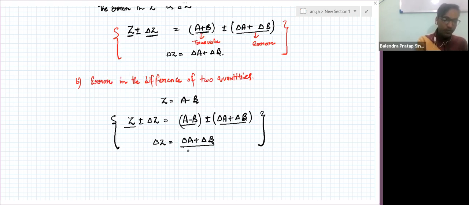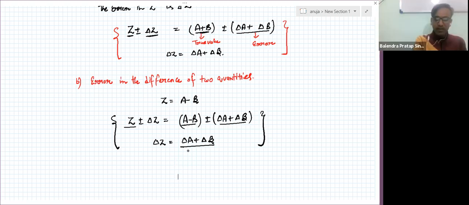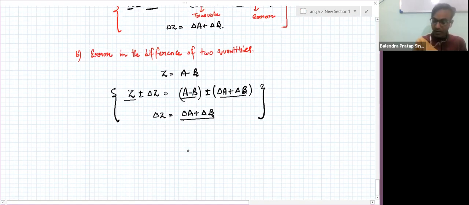Let's do a problem. Are you familiar with resistance? Basically the unit of resistance is ohm, and we use resistance for running a current in a circuit. You don't need to know the physics behind resistance, just have an idea of what a resistance is, because I'm going to do a problem using this error analysis.